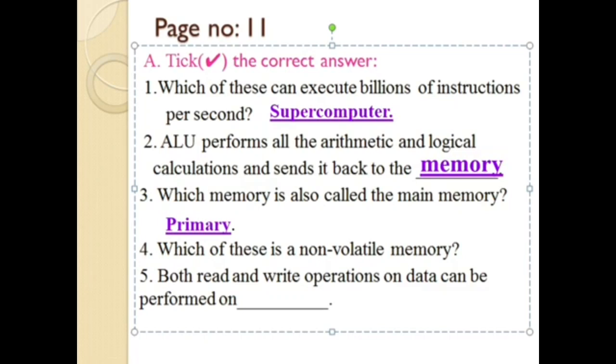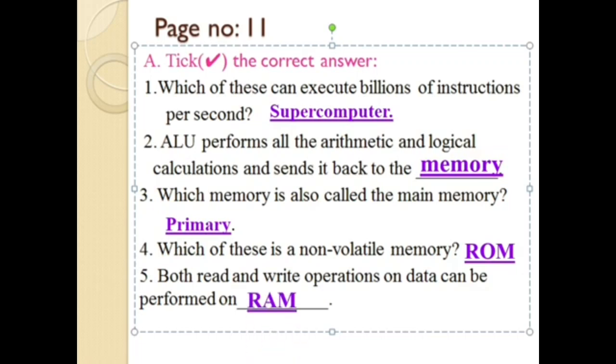Which of this is a non-volatile memory? Now only we saw the difference between which is volatile and which is non-volatile. Yes, ROM is a non-volatile memory. Both read and write operation on data can be performed on RAM.